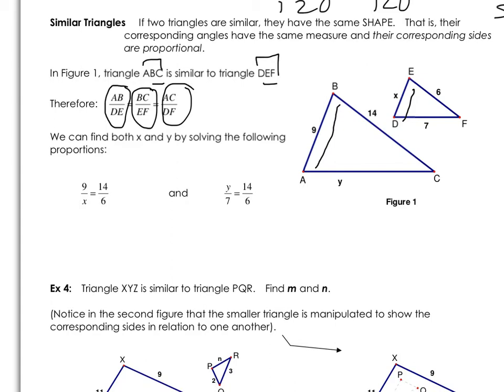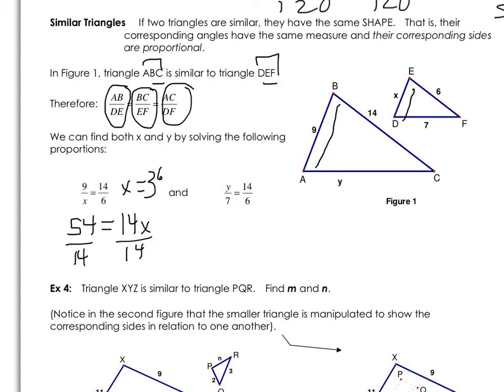So looking at the sides of the triangle here, we have 9 over x equals 14 over 6. We can solve that. 9 times 6 is 54. That equals 14x. Divide both sides by 14, and you get x equals 3 6/7.